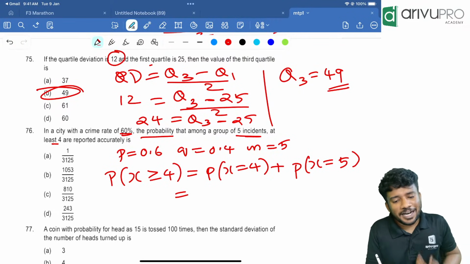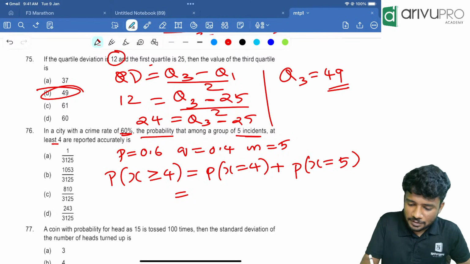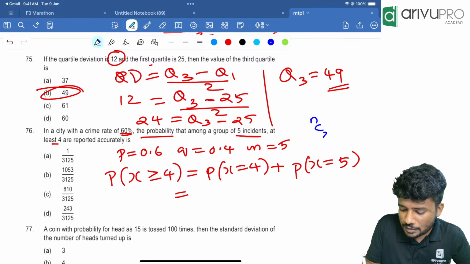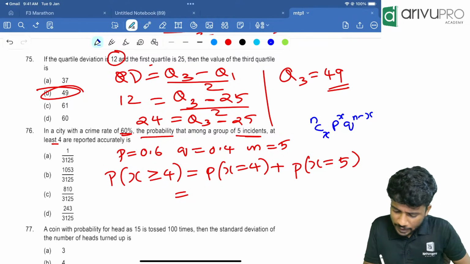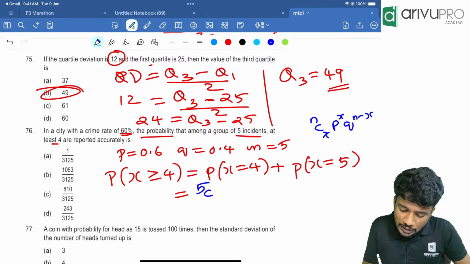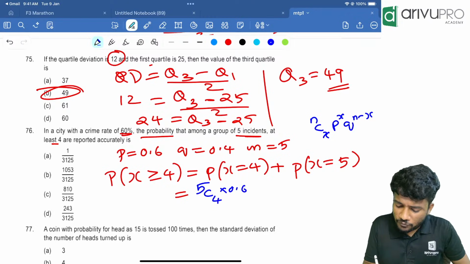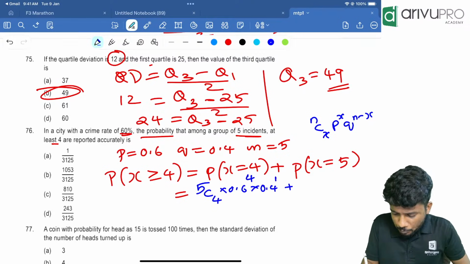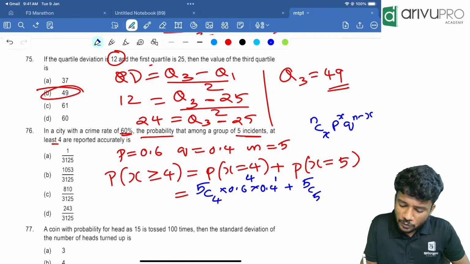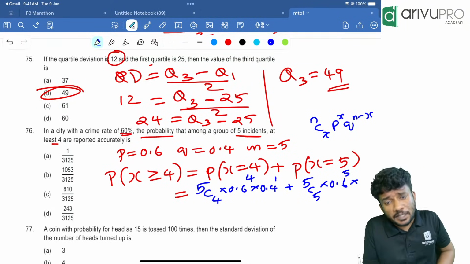So which formula are we going to use, people? We know the formula of binomial, right? NCX P raised to X, Q raised to N minus X. You need to solve over here. N is 5. 5C4 into 0.6 raised to 4 into Q, which is 0.4 raised to 1, plus 5C5 into 0.6 raised to 5 into 0.4 raised to 5 minus 5, which is 0.